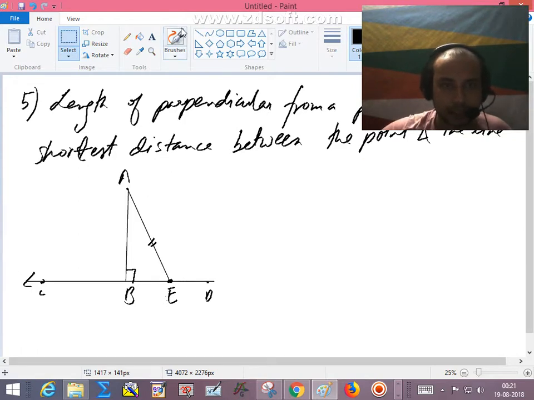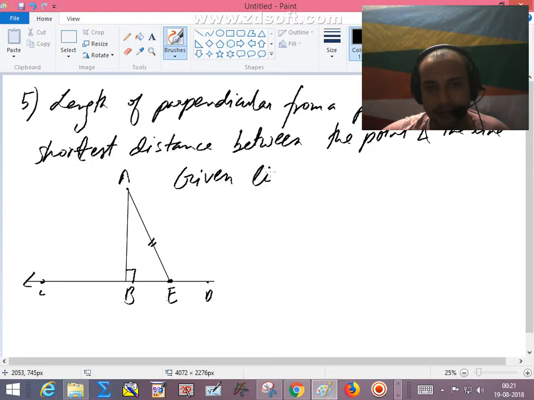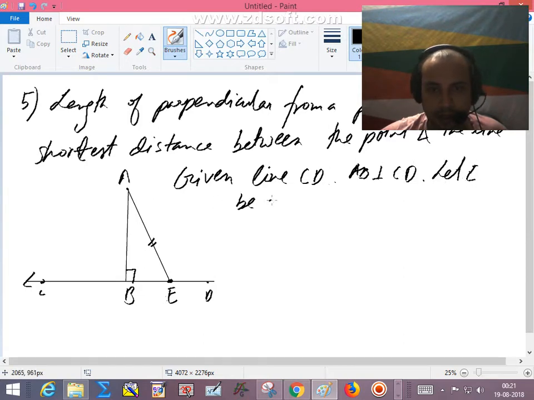The solution is to be written in this manner: given line CD, AB perpendicular to CD, okay, then let E be a variable point.